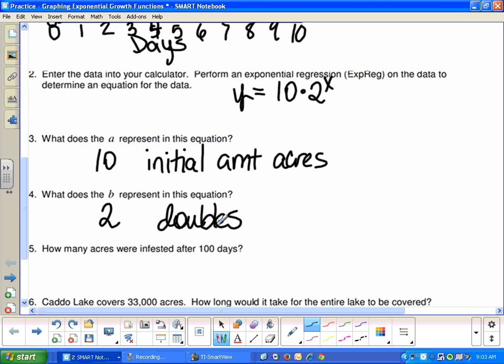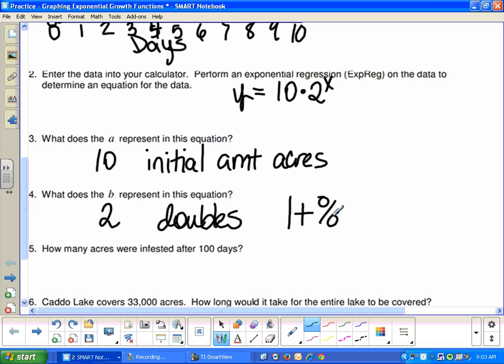Okay, so what we can look at, you're going to see a formula in the next few days that we're going to deal with. And it's going to say that you have a rate, you have 1 plus your rate. That rate's in a percent. If it's doubling each day, what percent is that it's doubling? If you have 10 acres today, 100%, not 200, it's doubling it.